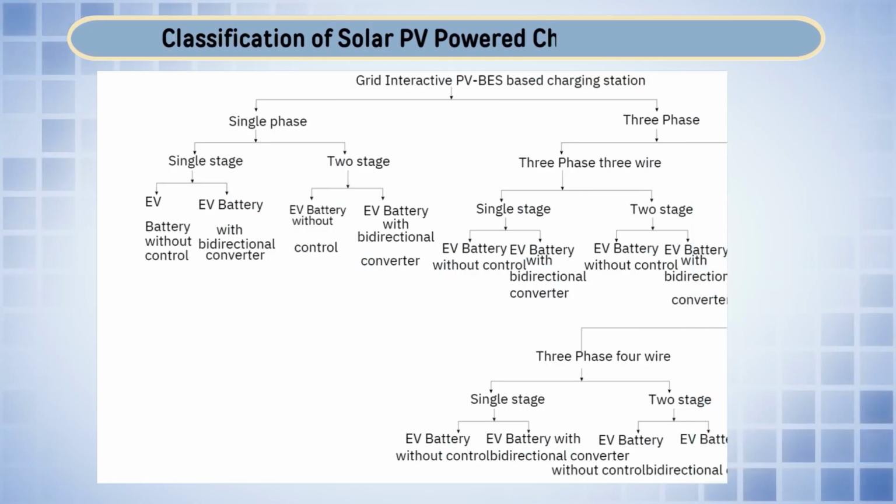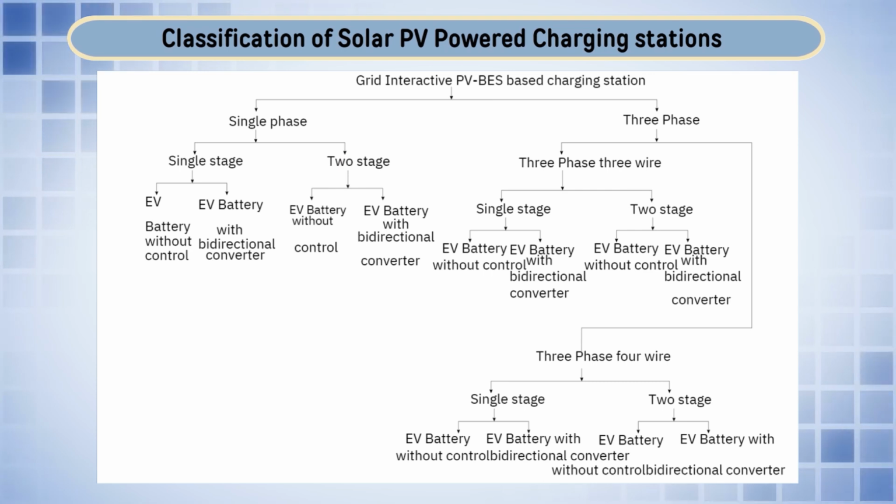So, here we have the classification of solar PV based charging stations. We have classified as per the number of supply phases initially, so it is categorized into single phase and 3 phase. In single phase, mostly level 1 charging is done. We have an onboard charger, we can plug in and my vehicle gets charged in 6 to 7 hours.